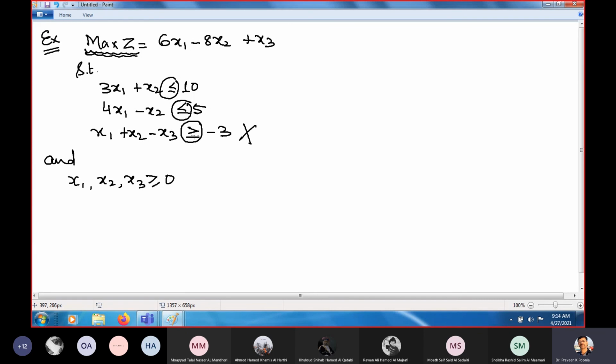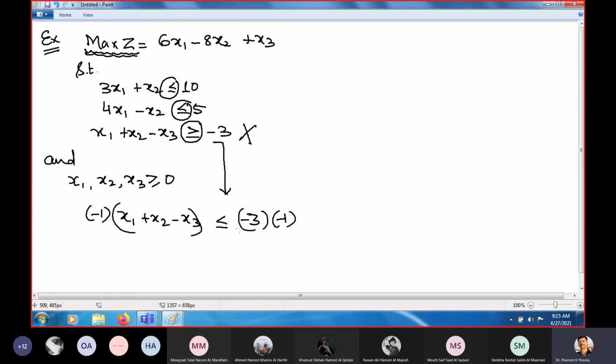What are we going to use here? We need to change it into less than. It is x1 plus x2 minus x3 greater than or equal to minus 3. So what you need to do is multiply by minus 1. This will change into less than.